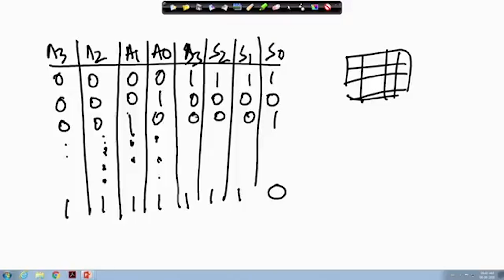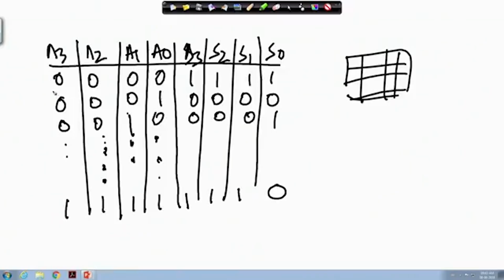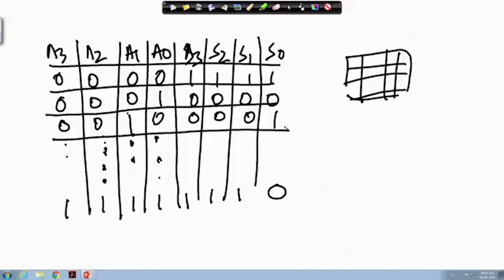So, what can we do? Whenever we are designing a decrementer, what we can write is this. From the previous tables, for 0 0 0 0 the output is 15, for 0 0 0 1 it is 0, for 2 it is 1.